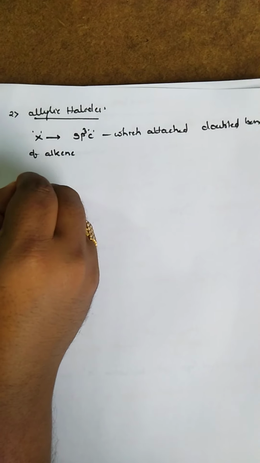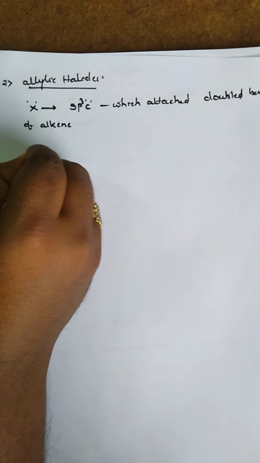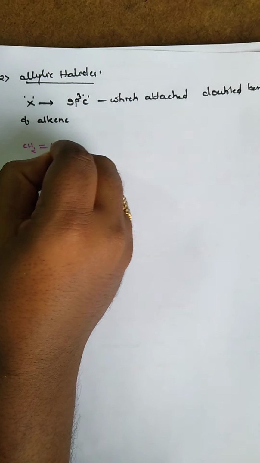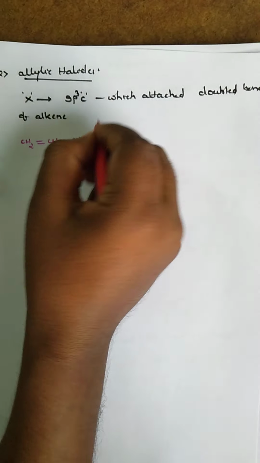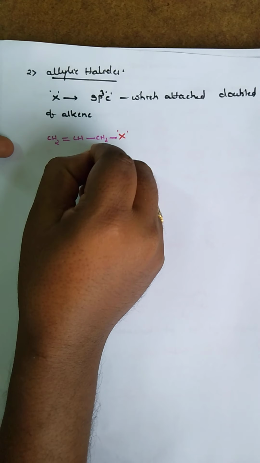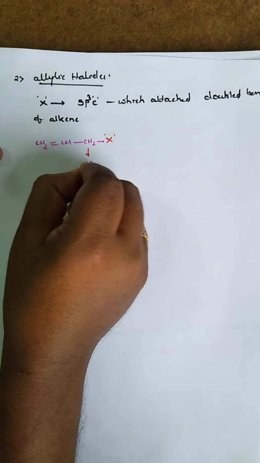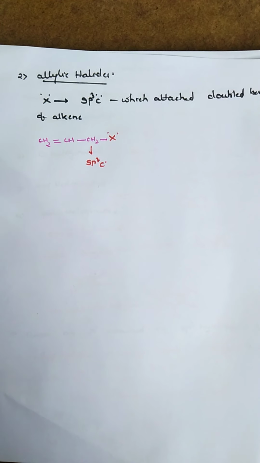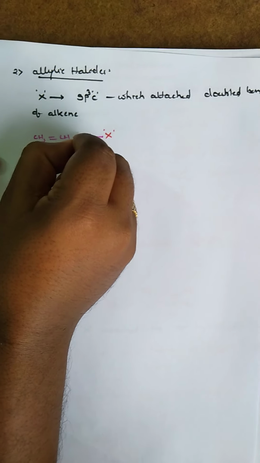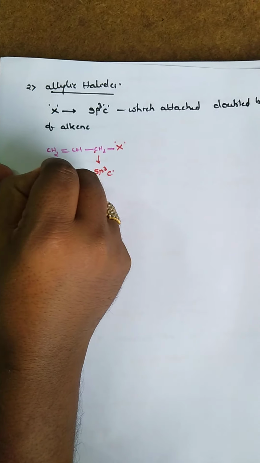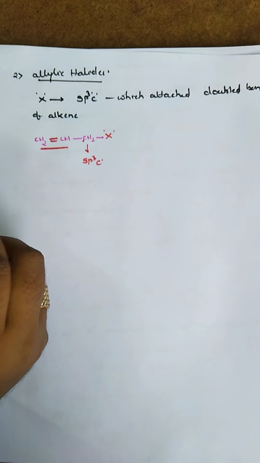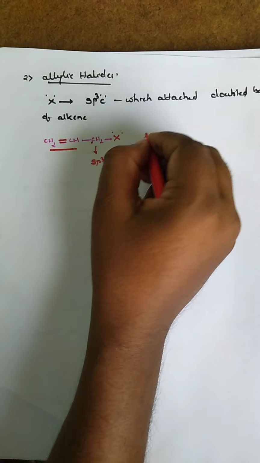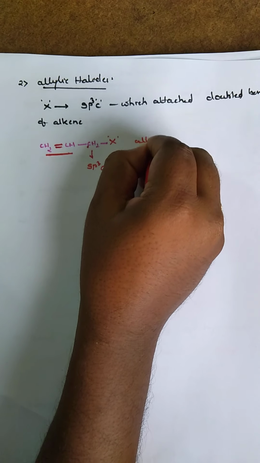For example, CH2 double bond CH, then CH2, then the halogen. This halogen is attached to an sp3 hybridized carbon. This sp3 hybridized carbon which is attached to the double bond is known as an allylic halide.